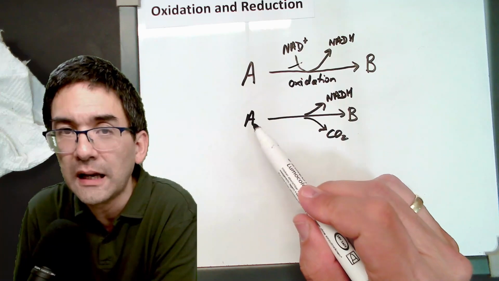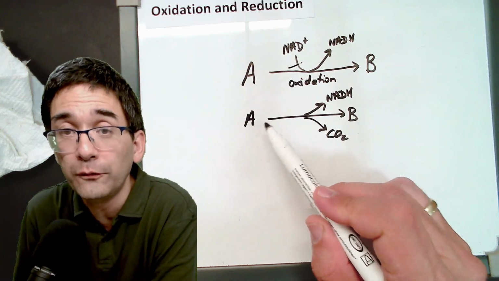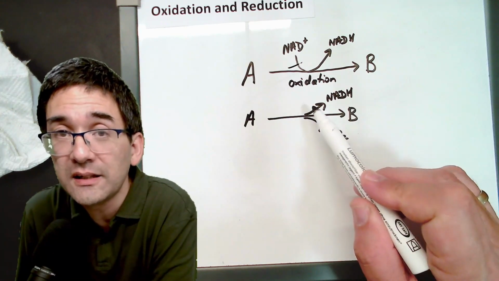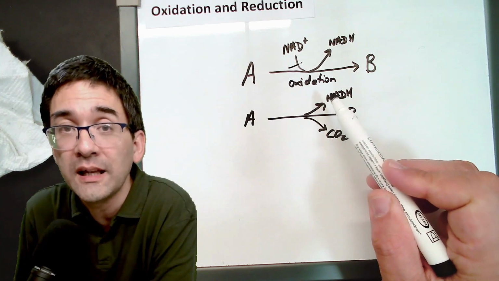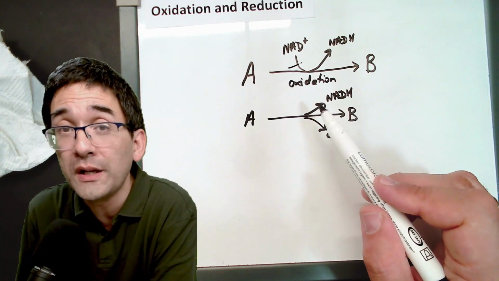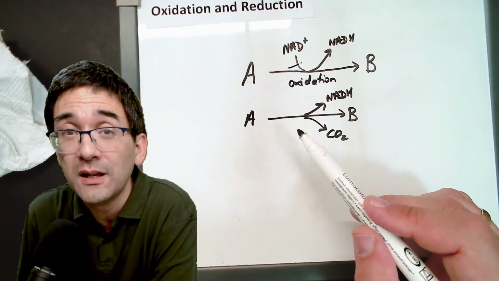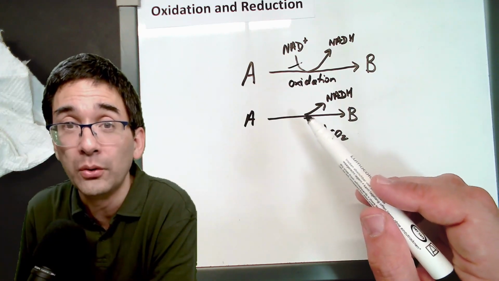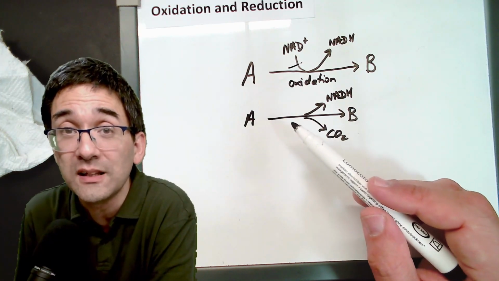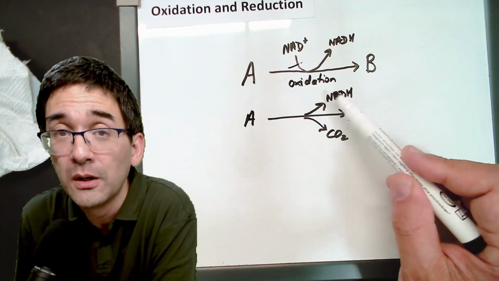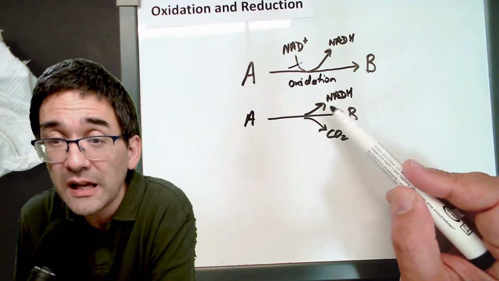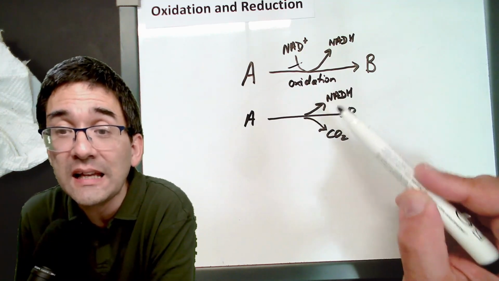I'm breaking down A by splitting off one carbon dioxide, and at the same time I'm removing high energy electrons, because when I break down substances, the energy in the bonds is released. There's energy released, and where does the energy go? It goes into the form of high energy electrons and the energy is caught then in the NADH.